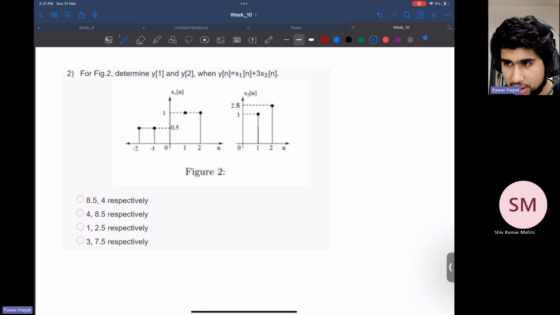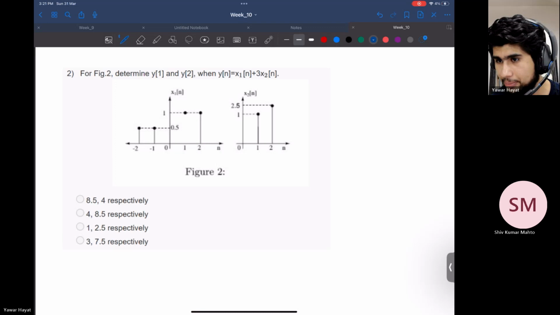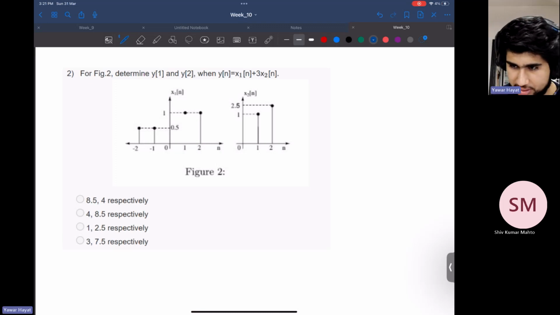Y of 1 would be x1 of 1 plus 3 times x2 of 1, using this given formula. Similarly, y of 2 would be x1 of 2 plus 3 times x2 of 2. Let me know what is the answer.